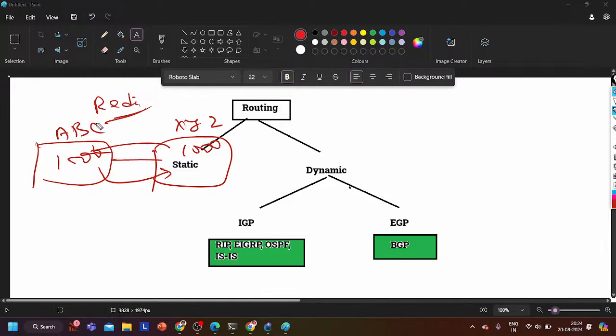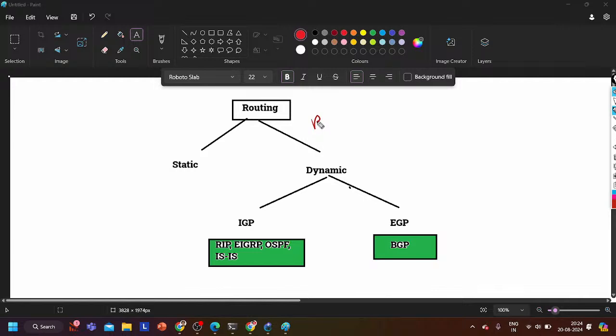It will increase the CPU utilization of your router, right? Loops can form in the topology. So this is where we need an EGP protocol, exterior gateway routing protocol. Let's suppose here I have 3 routers, router 1, router 2, router 3. On router 1 I am running AS number 100, here AS number 200, here AS number 300.